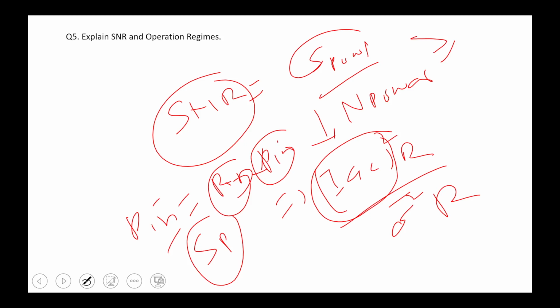Other than that, we can reduce the temperature, and control the heating of the receiver electronic circuit. We can reduce the noise figure of the amplifier that we use to amplify the input signal. We can optimize the bandwidth, so the random path will be less and it will generate less thermal noise.